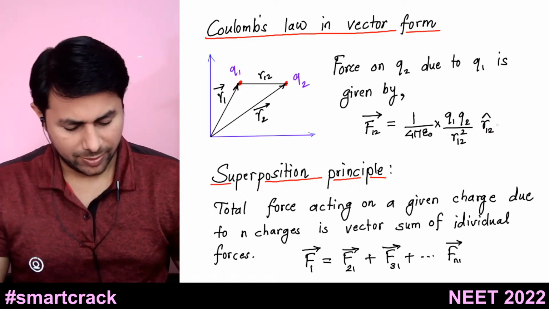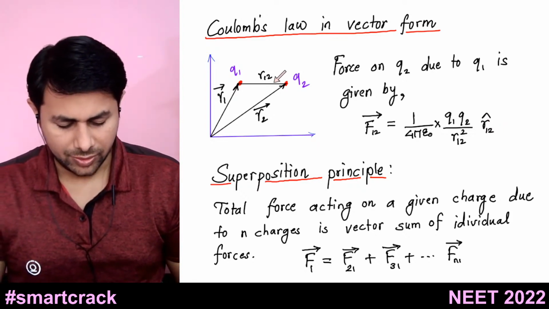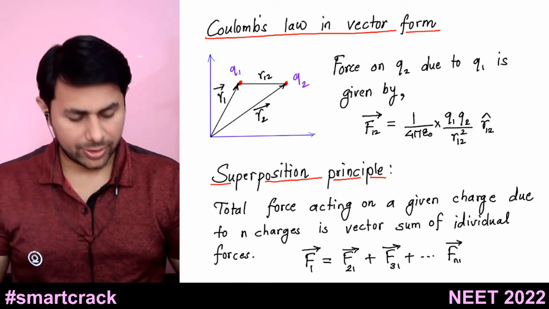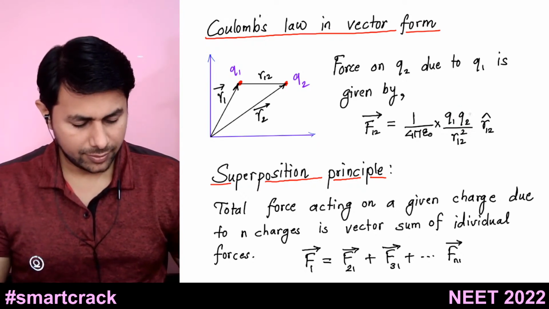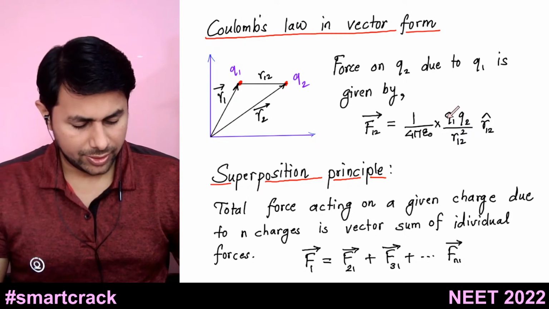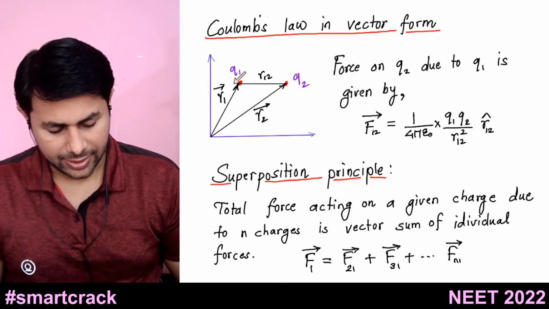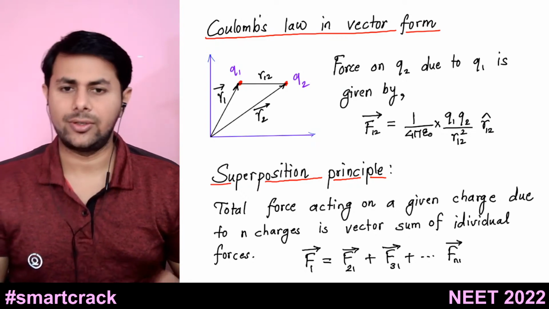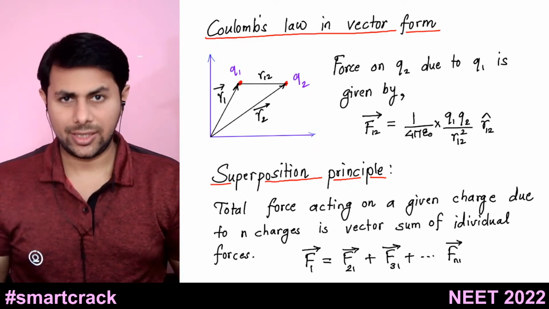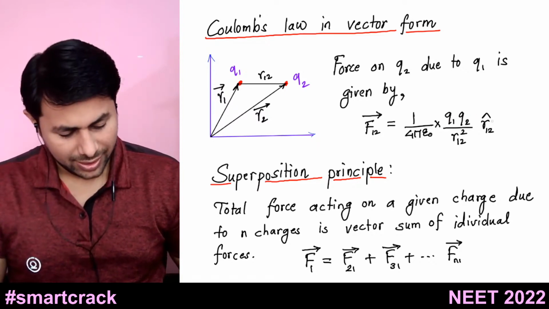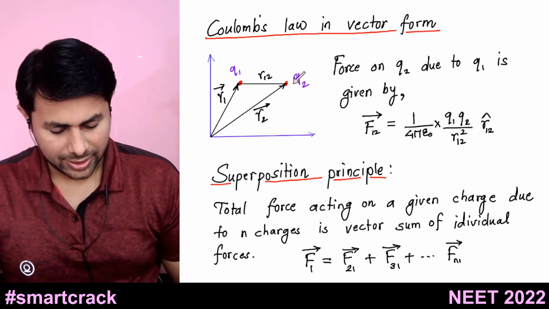So R12 bar is the unit vector from 1 to 2. Now see, if both charges are positive, Q1 times Q2 will be positive, and the force will be directed along that unit vector. If both charges are negative also, then the product will be positive, so the force will be directed along that vector.